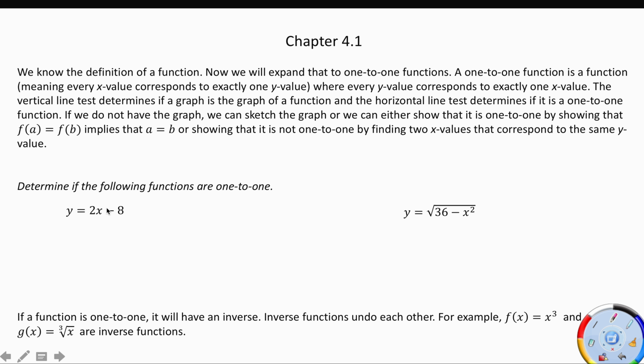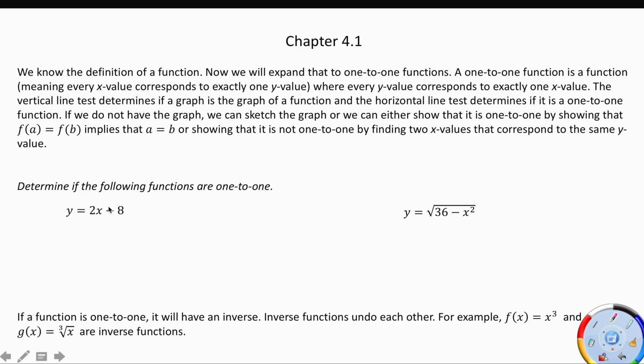So if I'm trying to determine if this function is one-to-one, the easiest way to do it is realize, oh, that's just the function of a line. It's a linear function, goes through -8 down here with a positive slope of 2, so it's something like this.